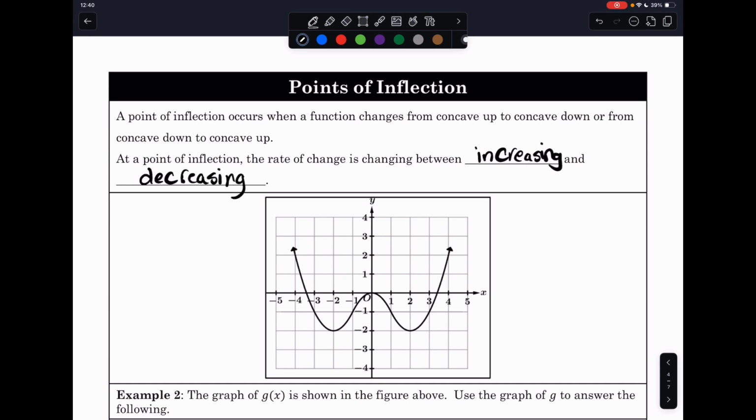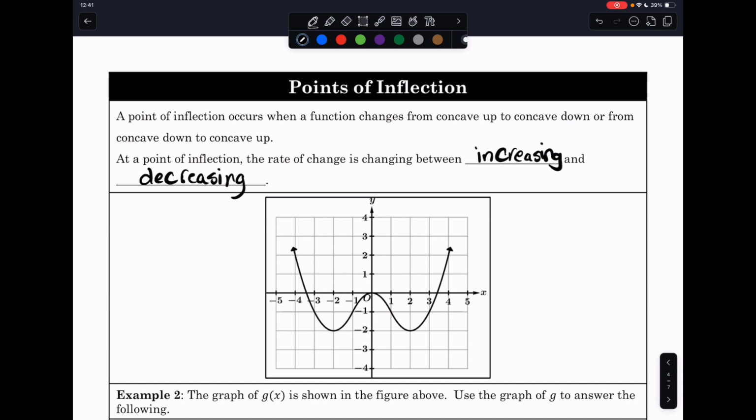And it's not necessarily in that order, okay? It doesn't mean that you're always changing from increasing to decreasing, but you could also go in the opposite order, change from decreasing to increasing. So wherever your rates of change are getting bigger and then getting smaller, or vice versa, that's where your point of inflection is located.